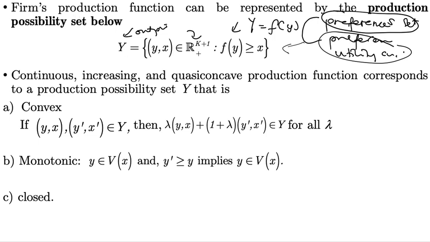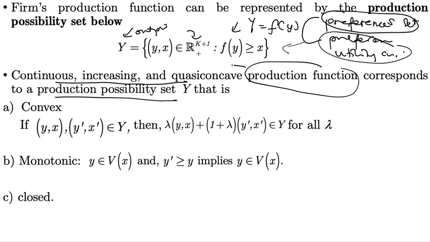Now, if we have a production possibility set that conforms with these characteristics, continuous, increasing, and quasi-concave production function.